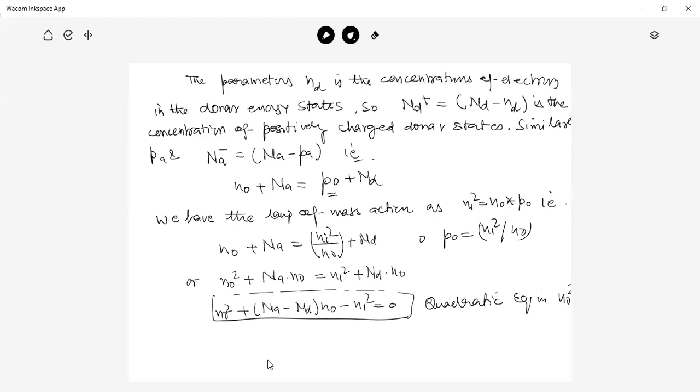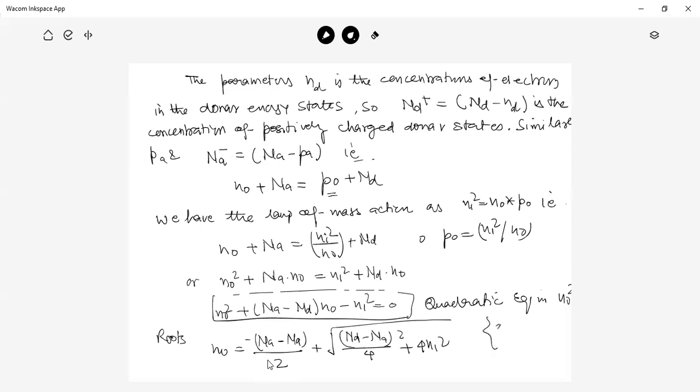So there are two roots, and the roots are n0 is equal to (N_D minus N_A) by 2 plus or minus under root ((N_D minus N_A) whole squared divided by 4 plus ni squared).